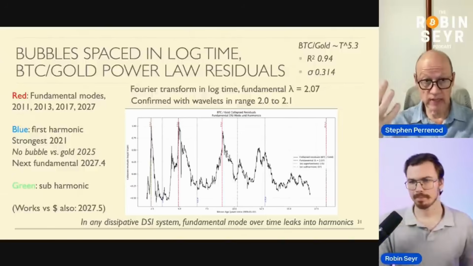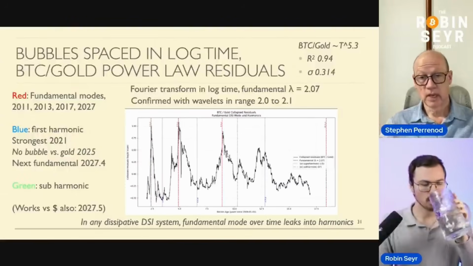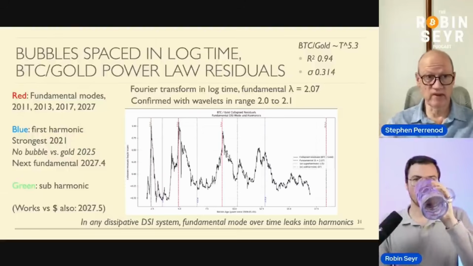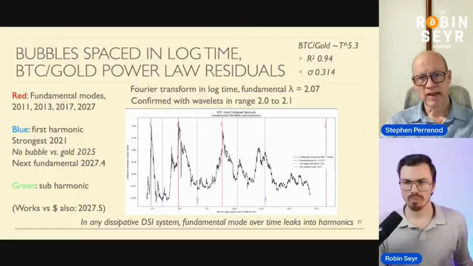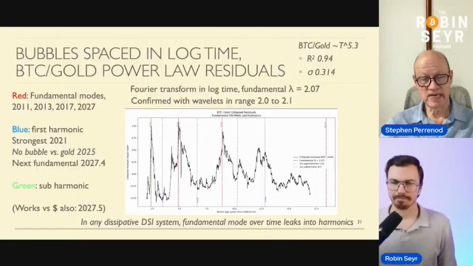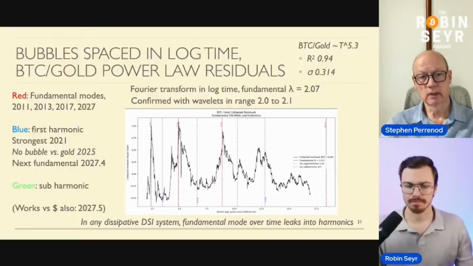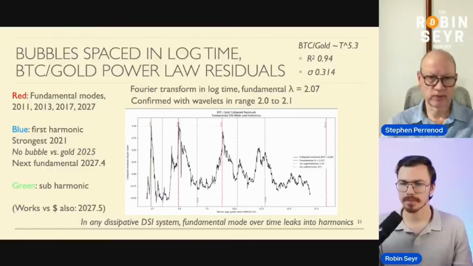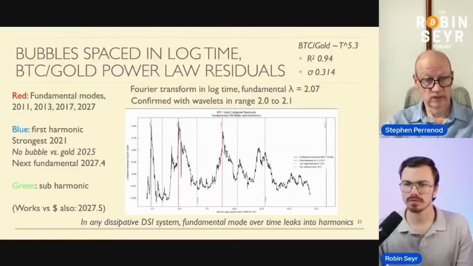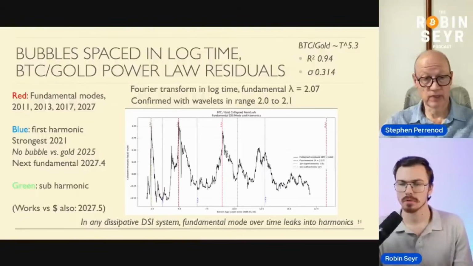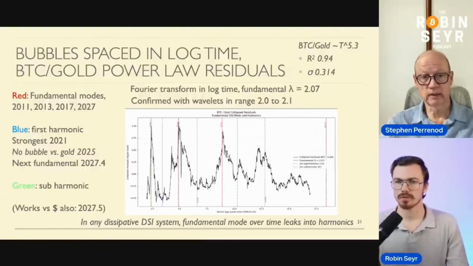The first harmonic in frequency, which is the intermediate wavelength, is the blue lines. The fundamental are the red vertical lines. And then there's a subharmonic, which is a green line. So that's a slower one, the subharmonic. So people that play music, you know what harmonics are. You have the C and then the next octave up, another C. That's a harmonic.